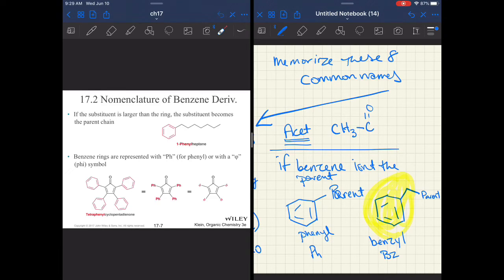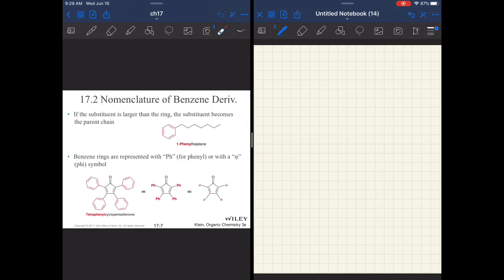So if we were going to do a practice problem here, let's just go ahead and make a longer chain so we know it's not the parent. If we have something like this, and our parent is 1, 2, 3, 4, 5, 6, 7, is heptane.